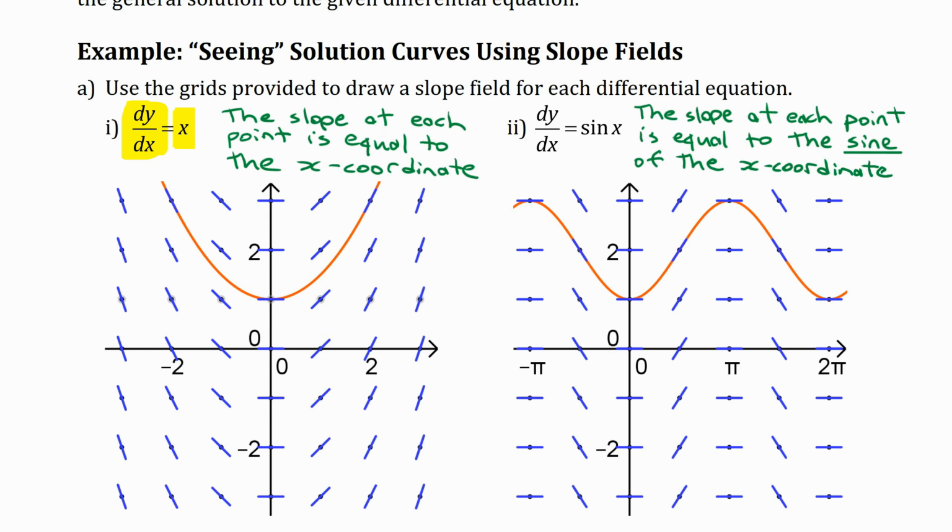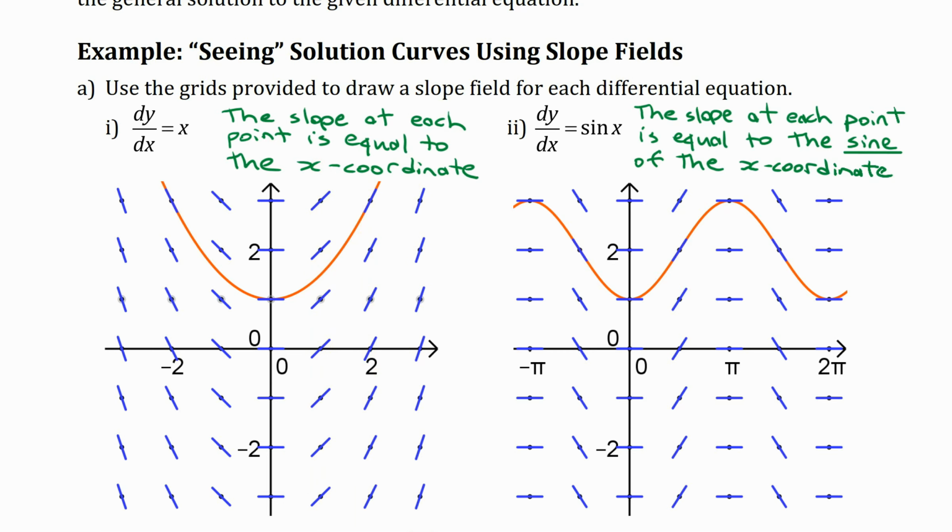I made this with a computer, using GeoGebra, but if you're drawing this by hand, you just hold your ruler along here so that you have a slope of 1, and draw a little line segment. The same goes over here. The derivative is the x-coordinate, so all the way along there they're -1, then -2, then -3, and likewise on the other side, 1, 2, and 3.